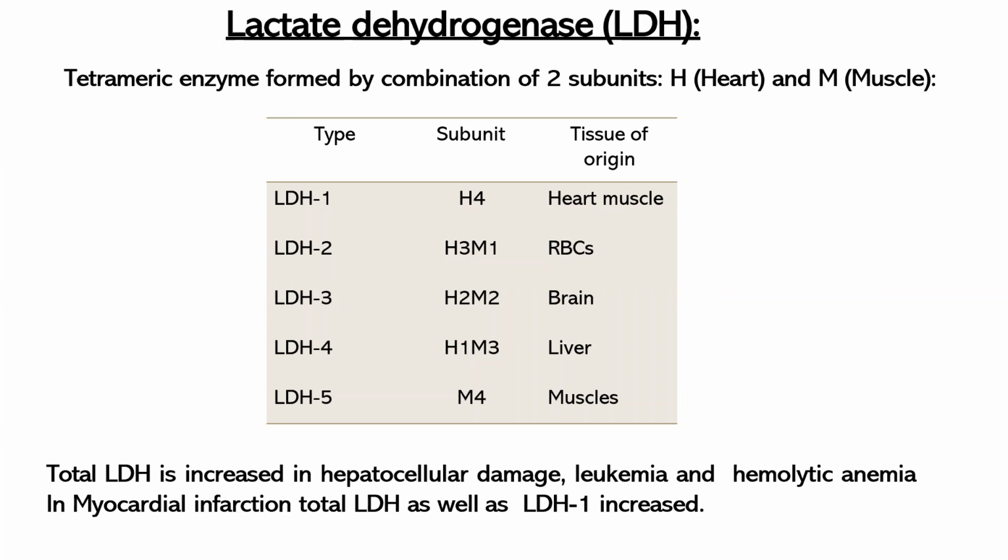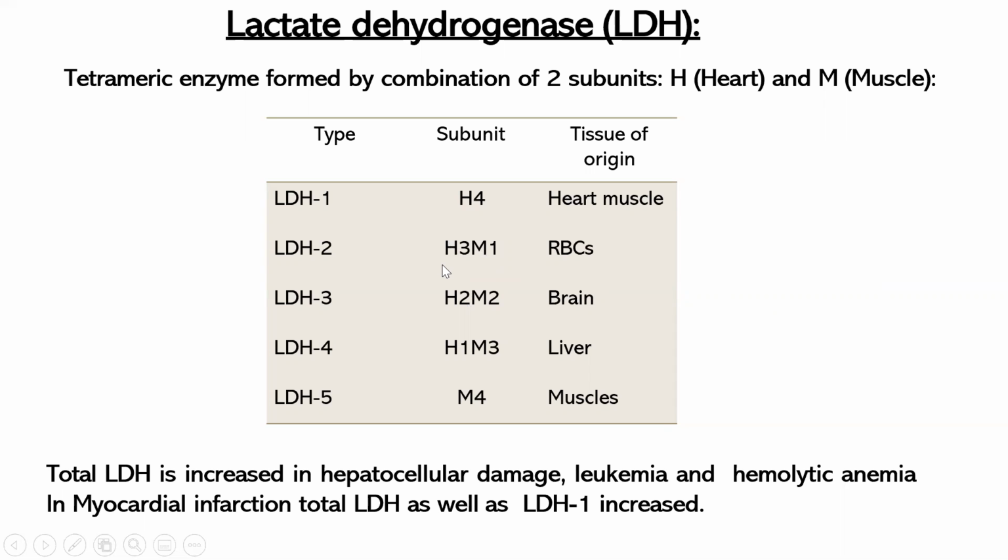Lactate dehydrogenase is a tetrameric enzyme formed by a combination of different subunits, which originate from here. You can see that there are different types: lactate dehydrogenase 1, 2, 3, 4, and they all have 4 subunits, but some are H3M1, some are more heart, some are more muscle.